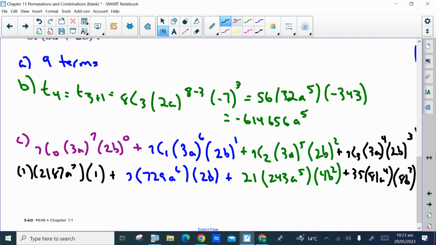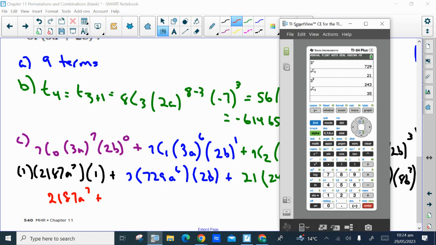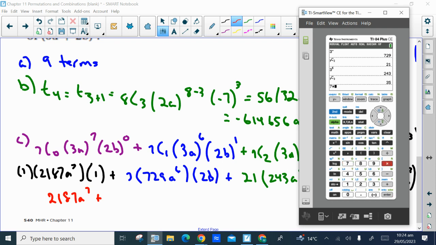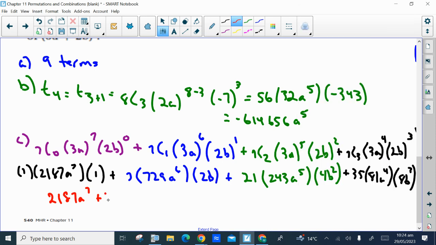And now we will just multiply everything out to get each individual term. The first one being 2187a to the 7th plus 7 times 729 times 2 is 10,206 a to the 6th, b to the 1. And remember that in most cases, especially when you have two different variables involved, the sum of the exponents always has to equal n in each term.